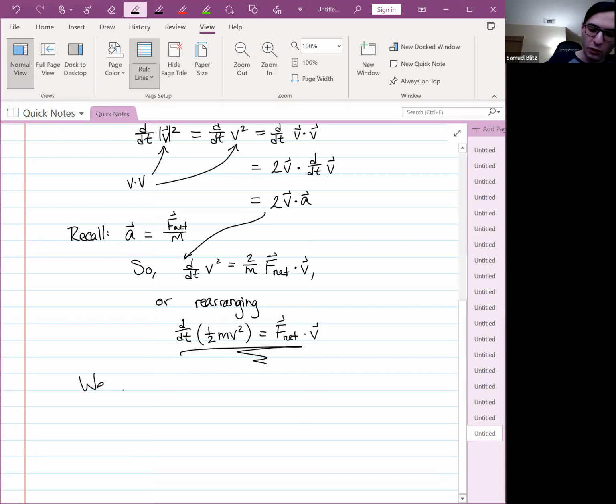So what we would like really is delta of 1/2 m v squared. We're not going to be able to get delta v out from this, but we can get the change in this thing out, and then once we know that, we can solve for the change in velocity later. So the way that we're going to do that is we're going to integrate.